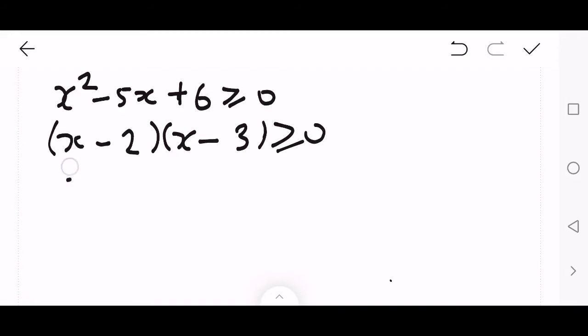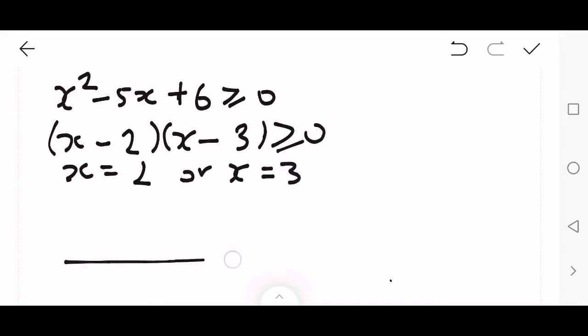So x equals 2 or x equals 3. Let's go ahead and draw a number line. Minus infinity to infinity, and we have 2 and 3.